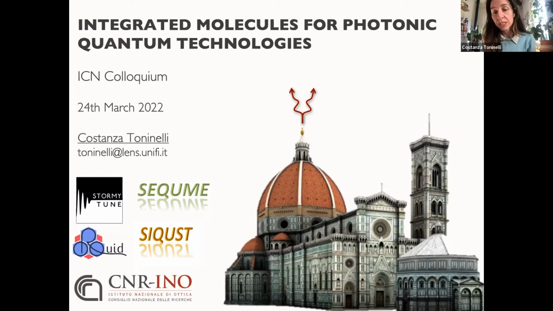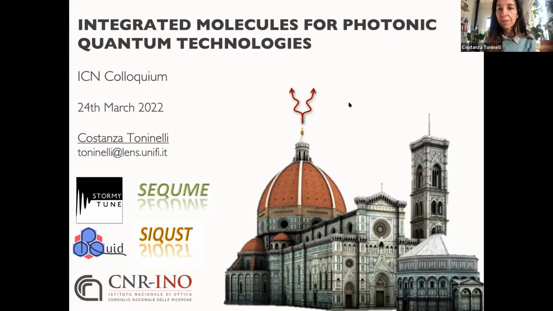And for this reason, I would like to focus mostly on their special features with respect to most traditional architectures. And one of them is the possibility to integrate these quantum emitters in complex three-dimensional structures, inspired, for instance, by the profile of our city center cathedral in Florence.